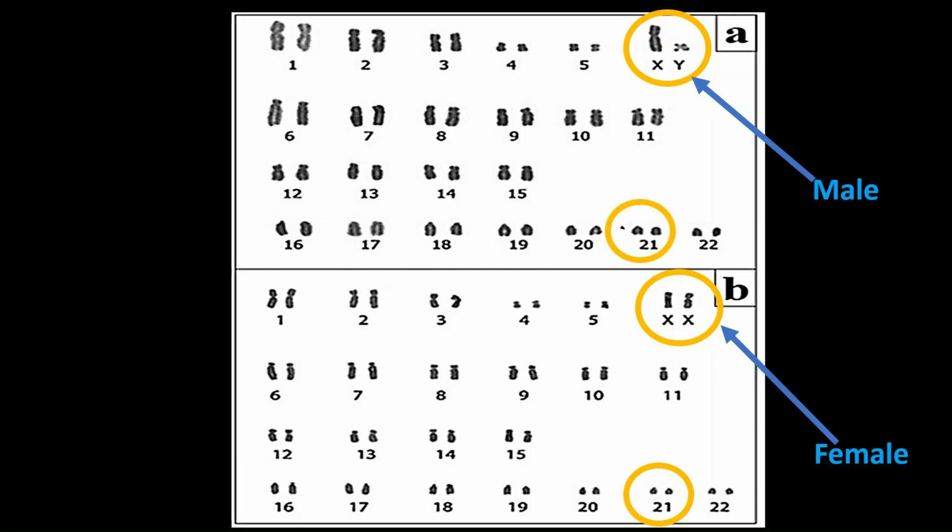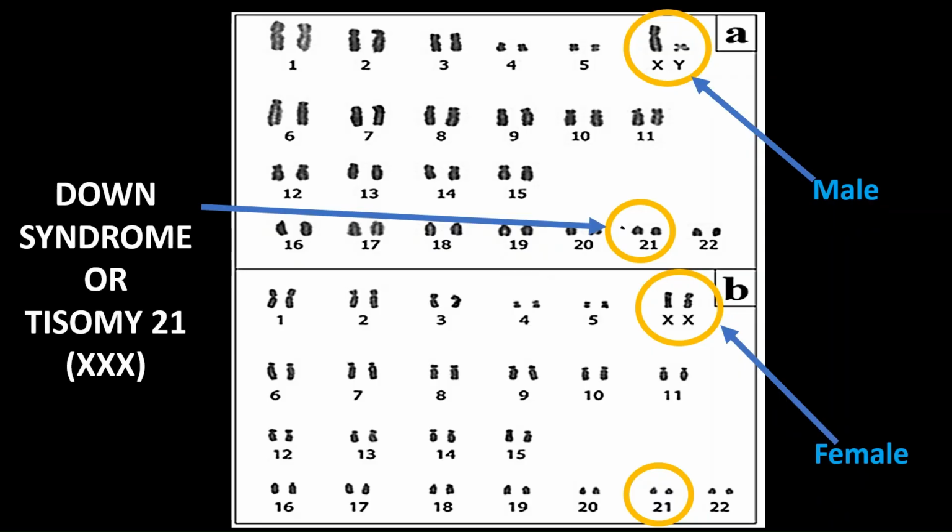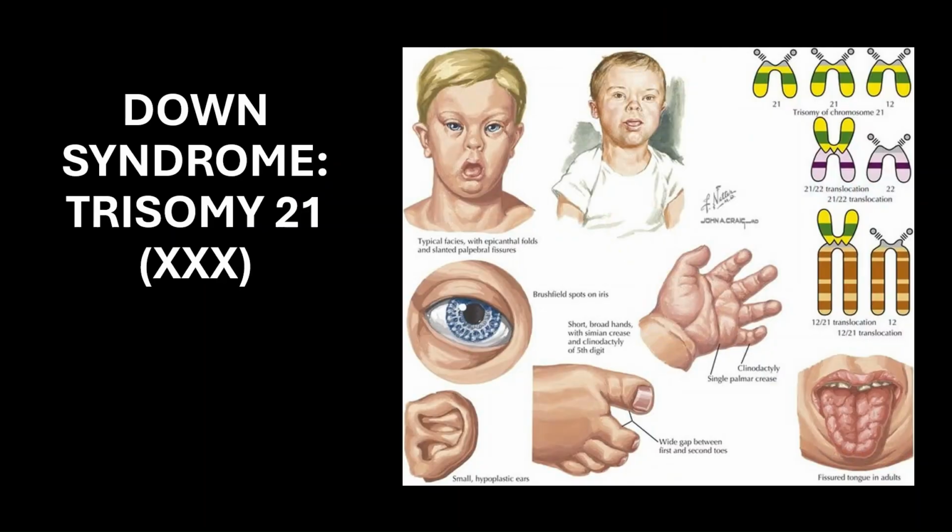But if you check the male at position 21, you will discover that there are actually three chromosomes there. So it means this zygote will develop the symptoms of Down syndrome. The female seems normal, but the male is not normal, because there are three chromosomes at that position. So that male has Down syndrome or trisomy 21, three chromosomes at position 21.